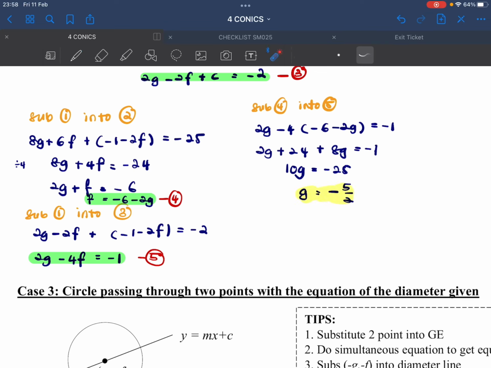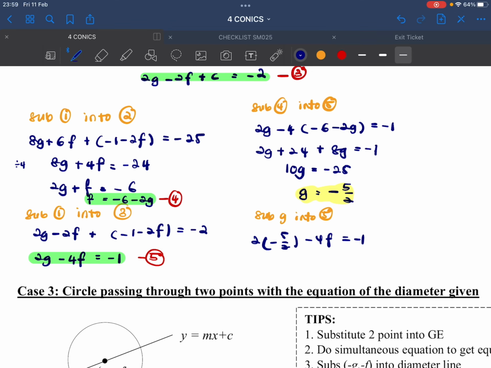So what we are going to do is substitute g into this equation here. Substitute g into equation either one. You can also substitute into here. So substitute g into 5. So we will have 2 times g, negative 5 over 2, minus 4f equals negative 1.